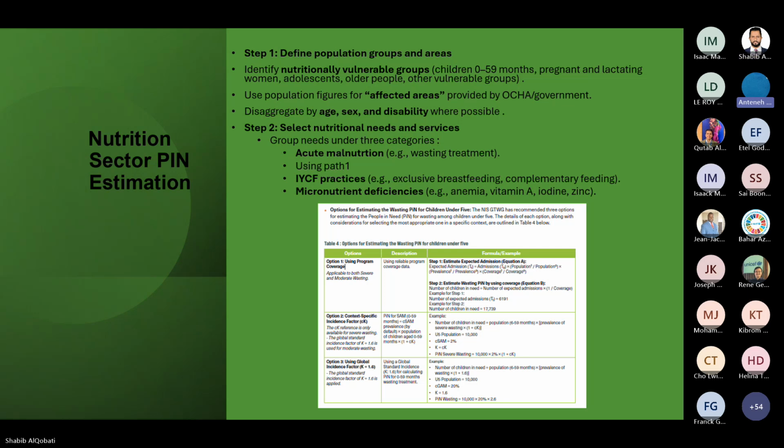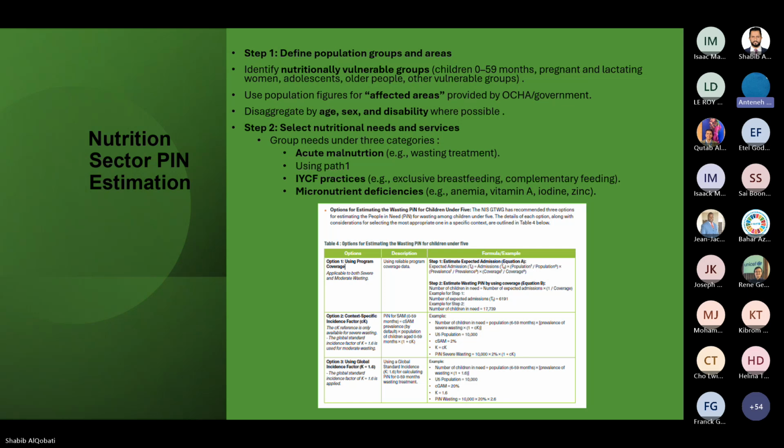So for wasting in particular, we have 3 options. If you have very reliable admission data from previous years, and if there is a direct measure of coverage, when we say direct measure, it is a measure of coverage that is determined by using a coverage survey.